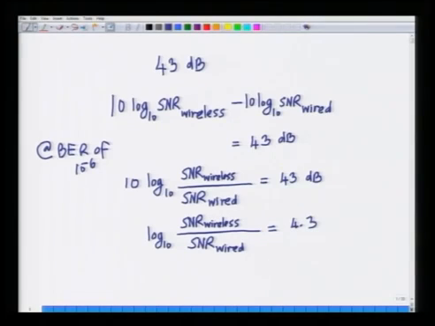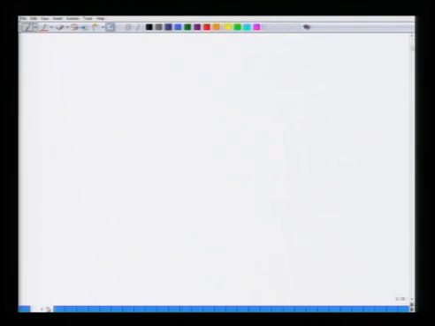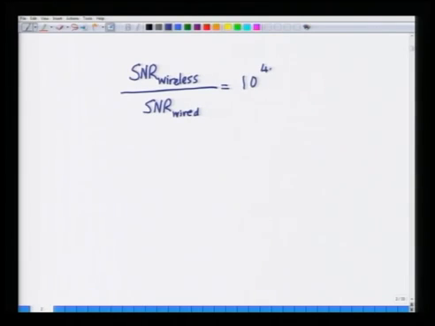I brought the 10 to the right side, so I get 4.3, which means SNR wireless divided by SNR wired equals 10 power 4.3, that is approximately equal to 10 power 4 equals 10,000.